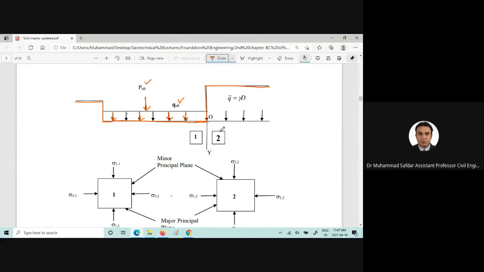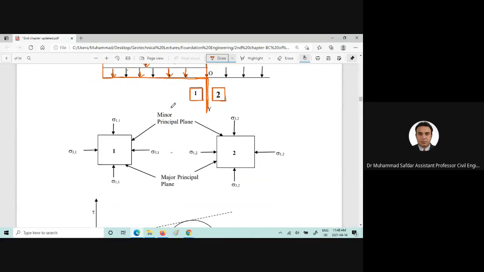So at a state of plastic equilibrium, we will mark this line here, and we will take two elements, one from this zone and the other element from this zone. Now at the point of plastic equilibrium, we will find out the stress conditions at different locations.